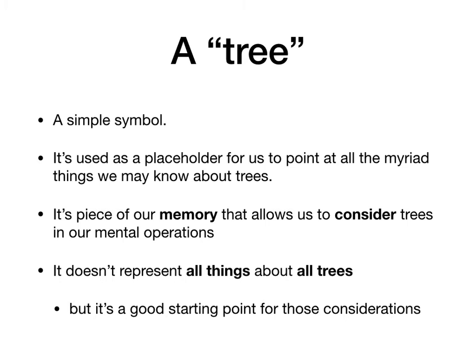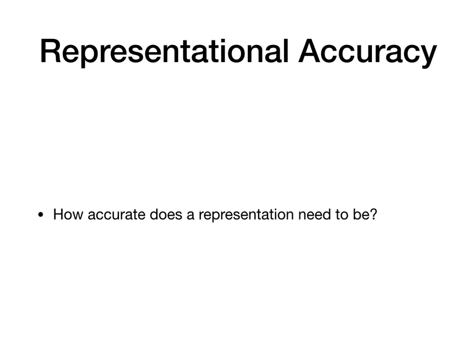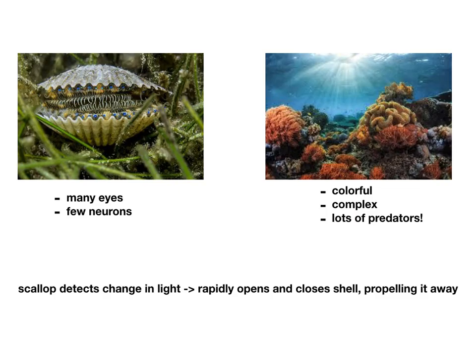So, okay, now let's move back into the question of, do these representations need to be accurate to make use of them? How accurate, how high fidelity does a representation need to be for it to be useful and good to waste the energy storing, right? To start, let's talk about sea scallops. Sea scallops are these weird little shelled mollusks.